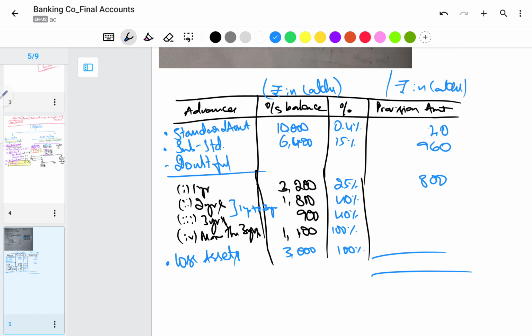Then 1,800 into 40%, 720. 900 into 40%, which is 360. Then 100%, 1,100, and 3,000.